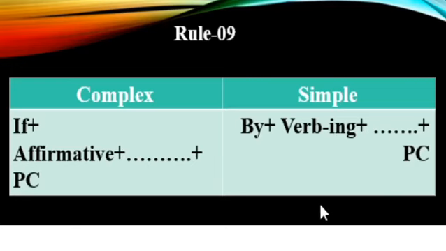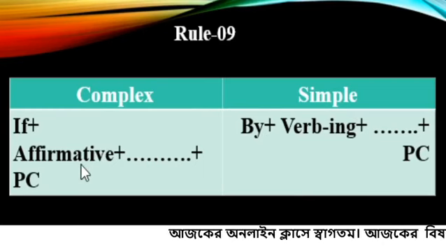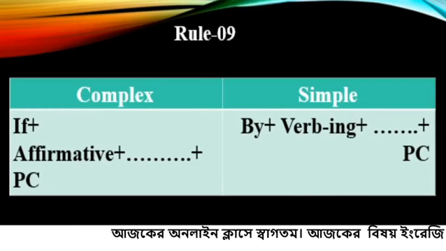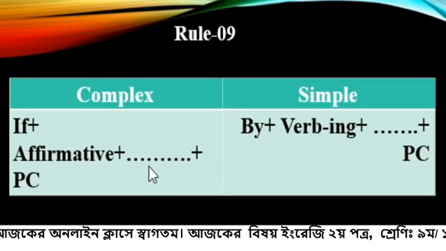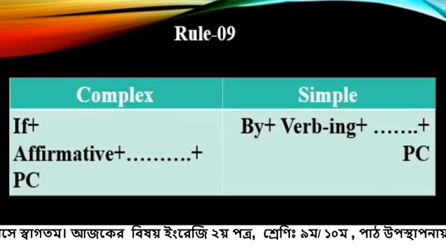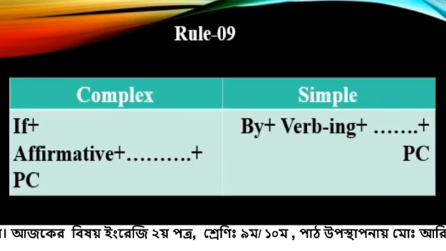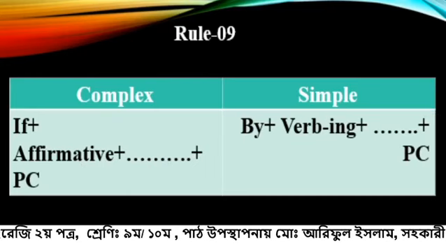In the same way, if in a simple sentence "by" plus verb-ing plus the rest of the subordinate clause plus the principal clause is used, then in a complex sentence we have to use "if" plus an affirmative verb according to subject and tense, plus the rest of the subordinate clause plus the principal clause. Dear learners, I think that you all have understood these two rules.